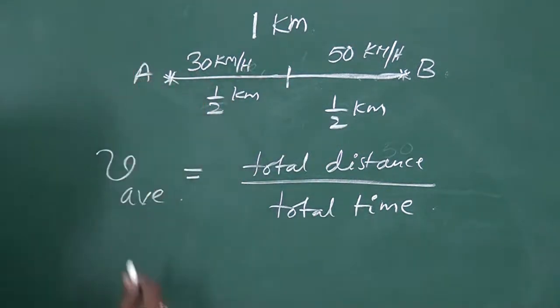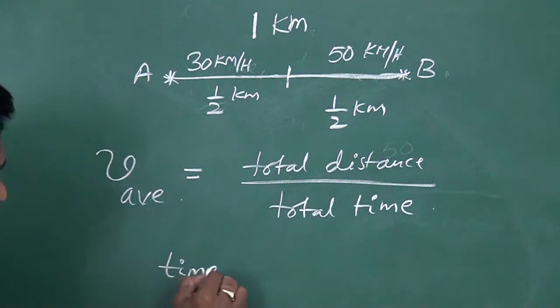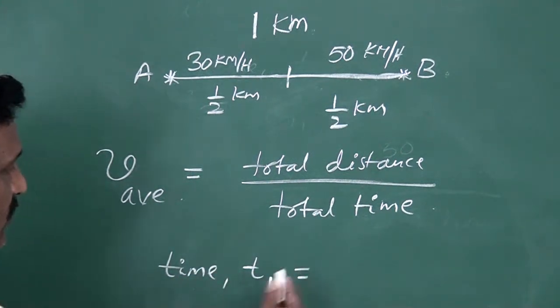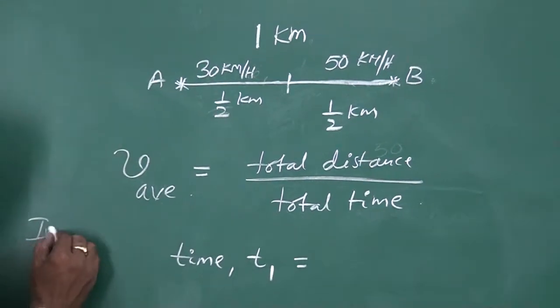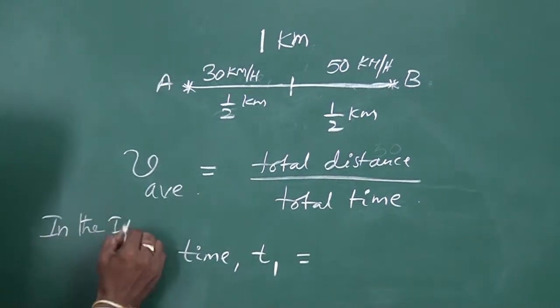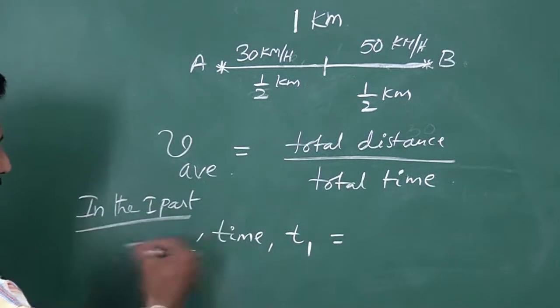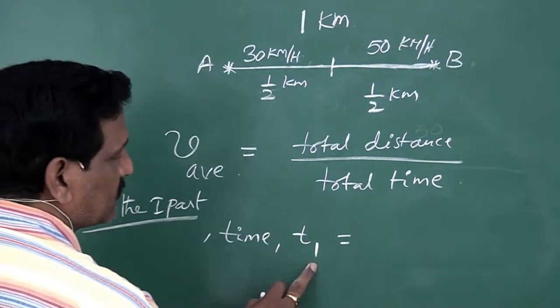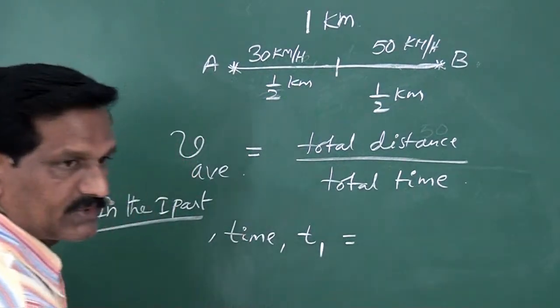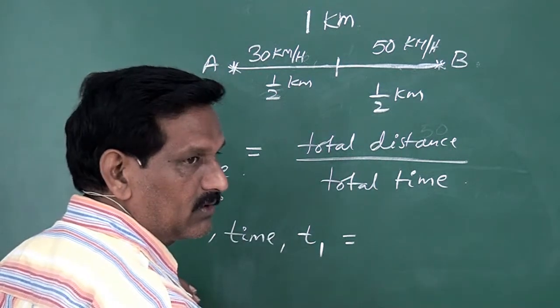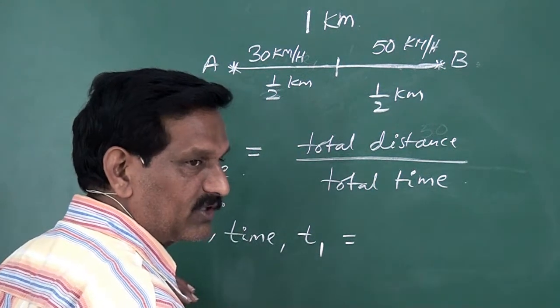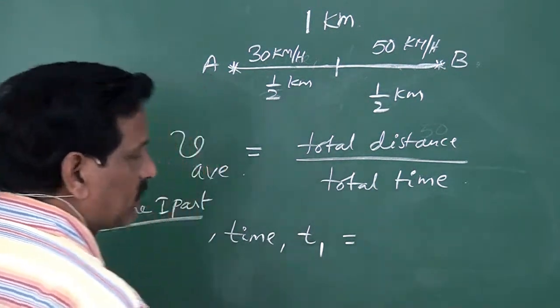So in the first case, time taken, say T1, this is equal to, in the first part, time taken T1 is equal to... Speed is equal to distance by time, therefore time is equal to distance by speed.